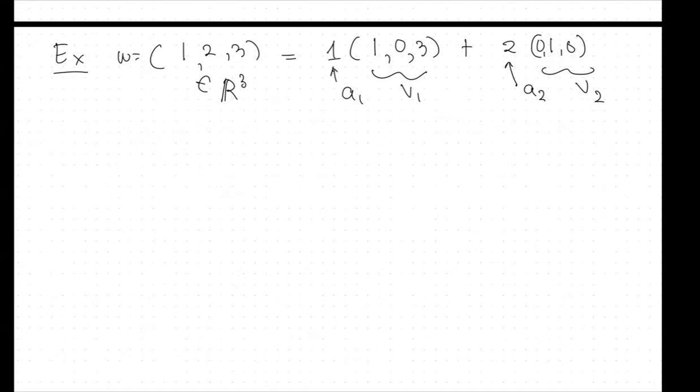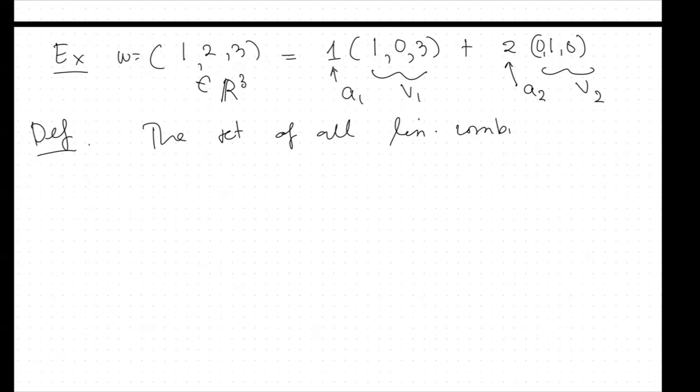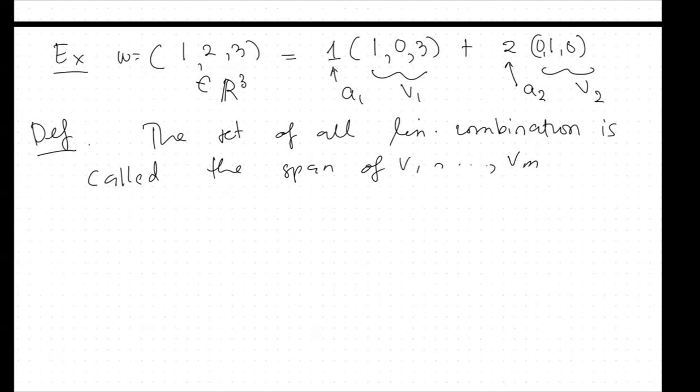Now we add an extra definition. The set of all linear combinations is called the span of v1 up to vm, denoted span(v1, ..., vm).